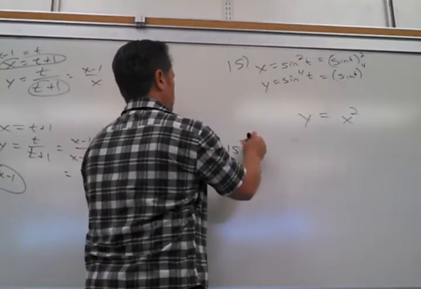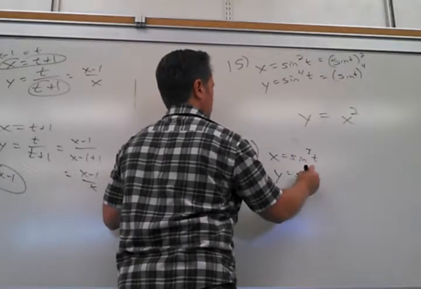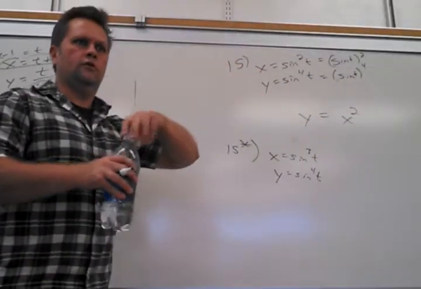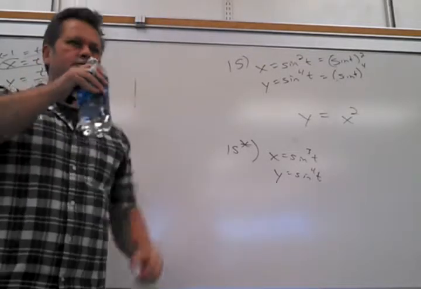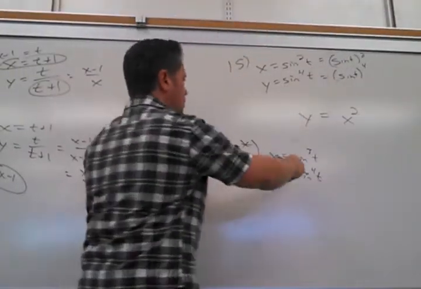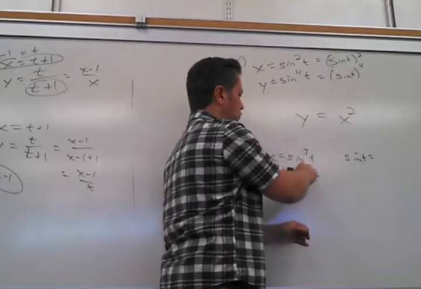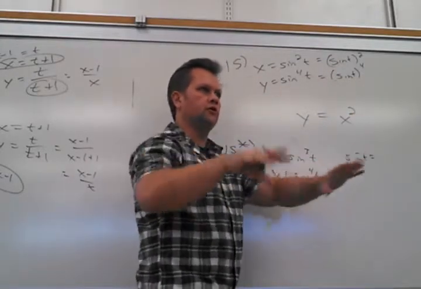So let's see, 15. Yep, that's it. Again, I don't see a direct relationship. When I have trig, most of the time I at most want to solve down to just sine, cosine, tangent, and then I can throw them into identities.